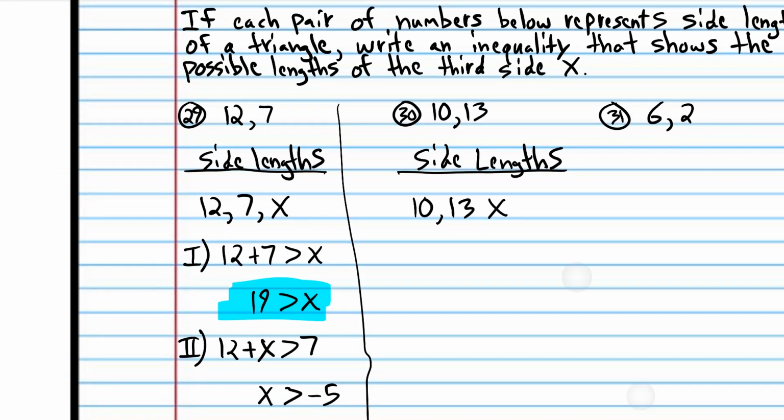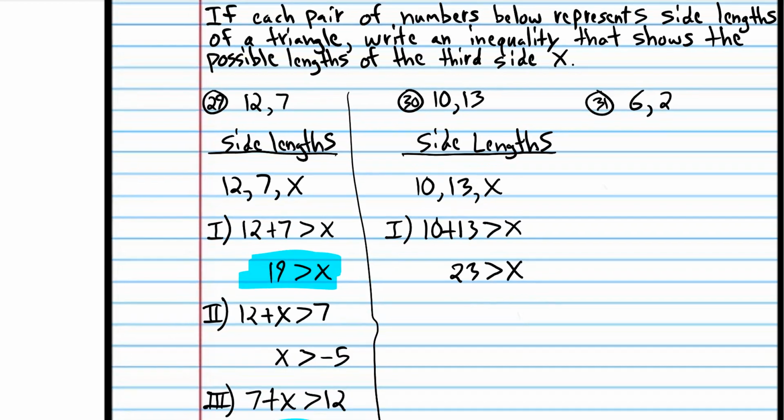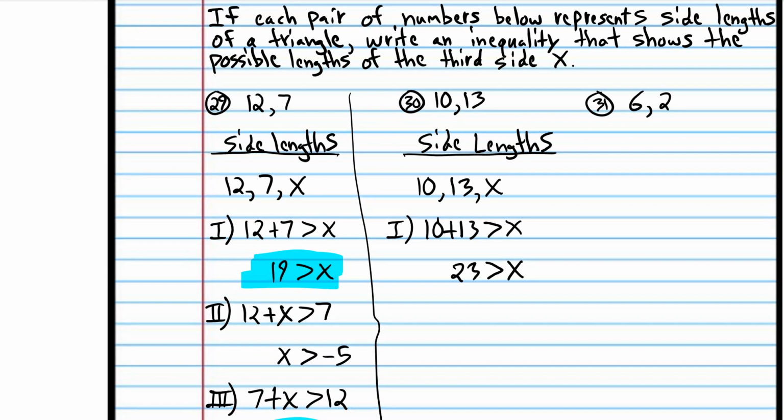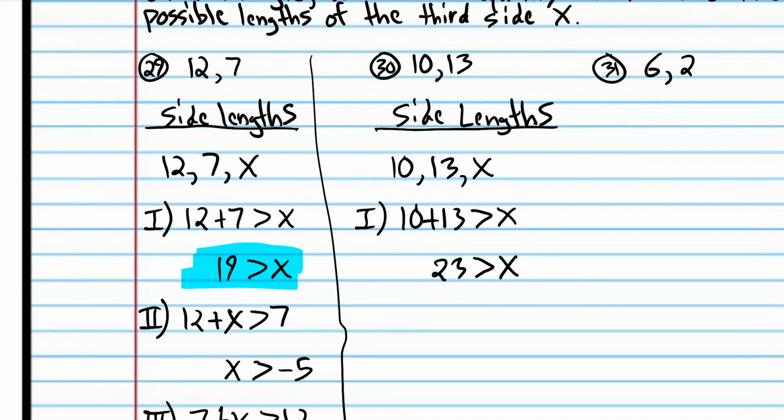So by the triangle inequality theorem, in order for this to actually be a triangle, 10 plus 13 must be greater than x. So that means that x must be less than 23 if you read right to left. Seems like I'm reading all my inequalities right to left, but technically you should read them left to right.